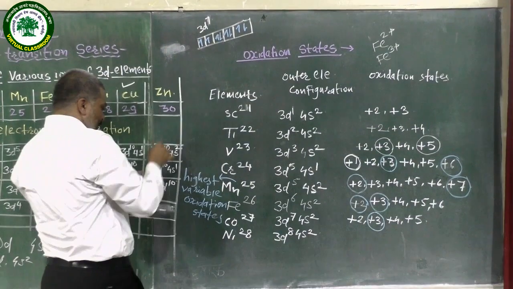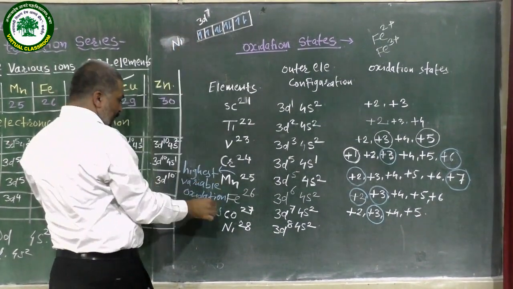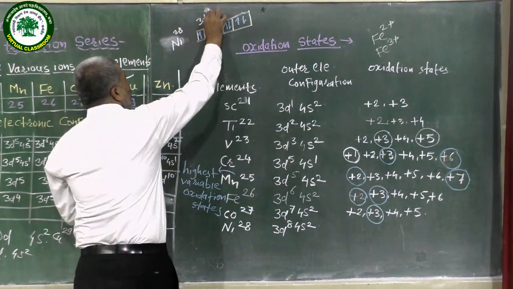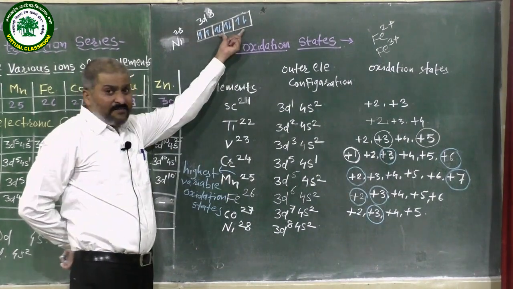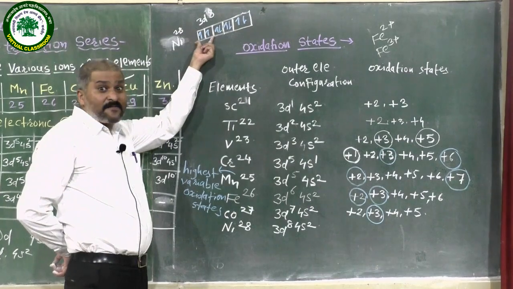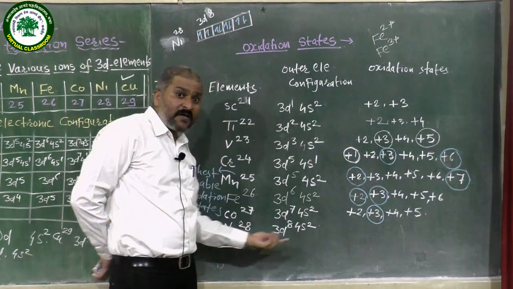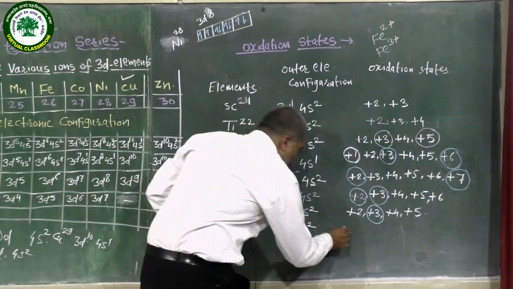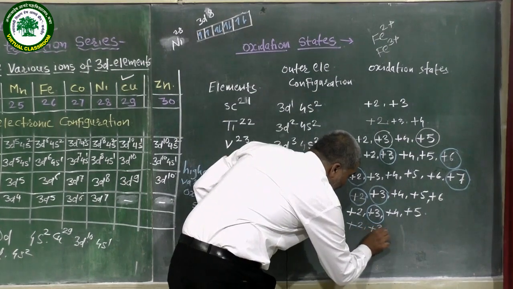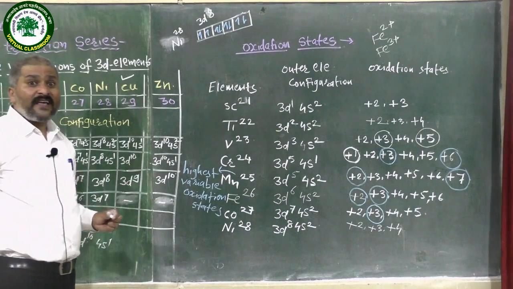In the 3d8 situation, only 2 unpaired electrons are present in the d subshell, and these 2 and 2 electrons from 4s, 2 plus 2, 4, therefore it shows the oxidation states plus 2, plus 3 and plus 4.